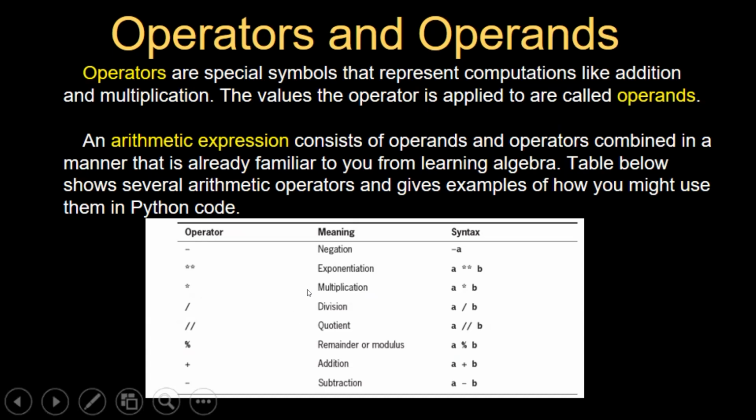We have the single asterisk for multiplication, slash for division, double slash for the quotient. Then the percent for the remainder or modulus, and you have the plus and the minus sign for addition or subtraction. So you can use the same dash for negation or negative sign, and for subtraction.